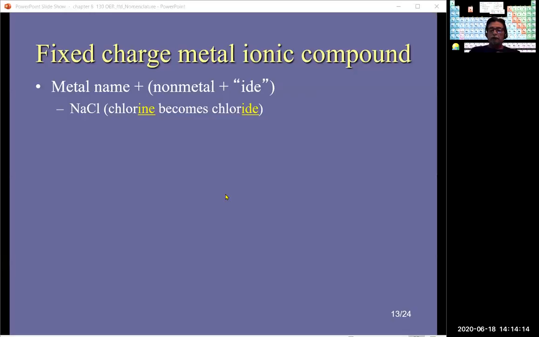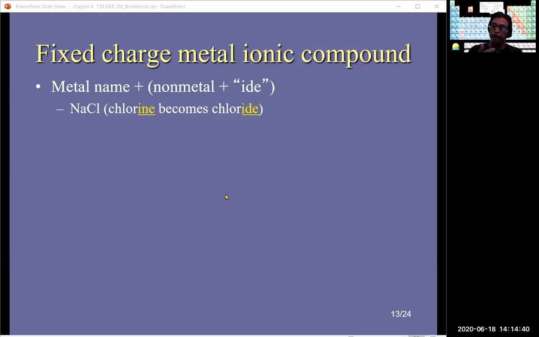Okay. Now, I've also talked to you about when the nonmetals become ions. When, for example, chlorine became an ion, gaining an electron, an anion, we changed the name to -ide, chloride. And that would be true for all the halogens: fluoride, chloride, bromide, iodide, okay? Oxygen becomes oxide.